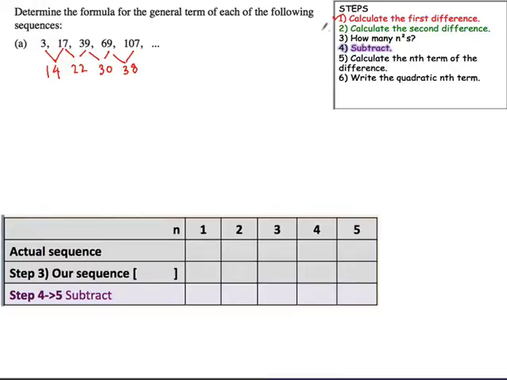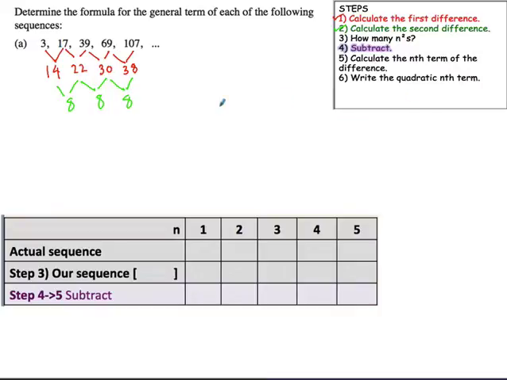Now calculate the second difference. The second difference is between these two, which is 8, and it's going up by 8, and another 8. So 38 take away 30 is 8. Second difference done. How many n squareds?